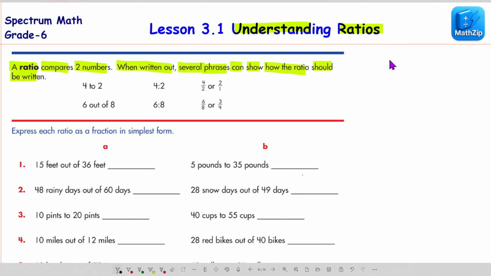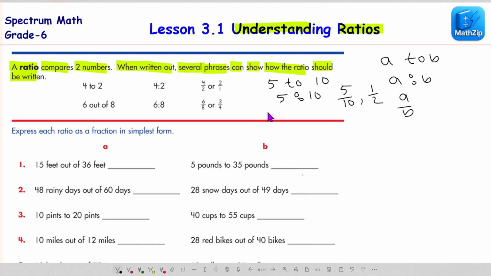Like we can write A to B, or A is to B, or A by B. Similarly, 5 to 10, or 5 is to 10, or 5 by 10, or once we simplify this one, 1 by 2. So there are lots of ways we can express a ratio.